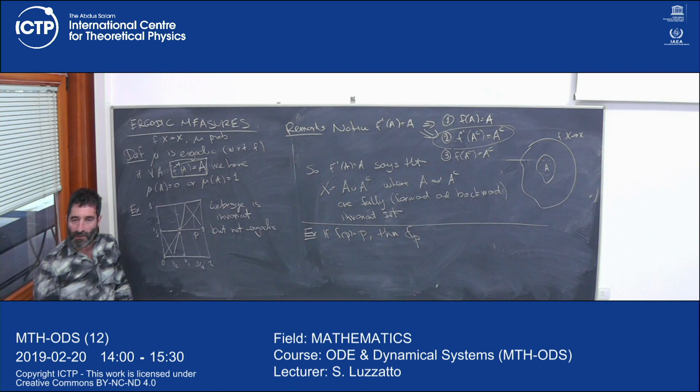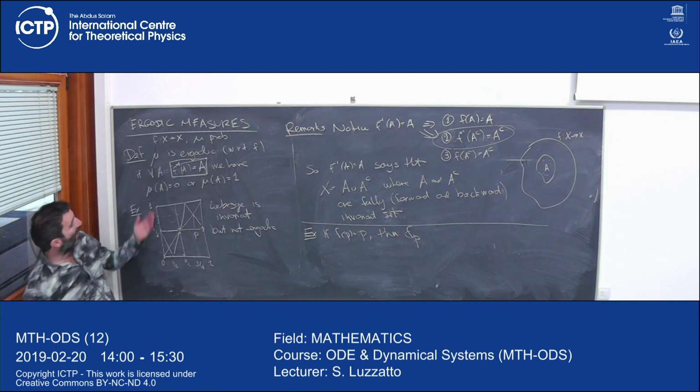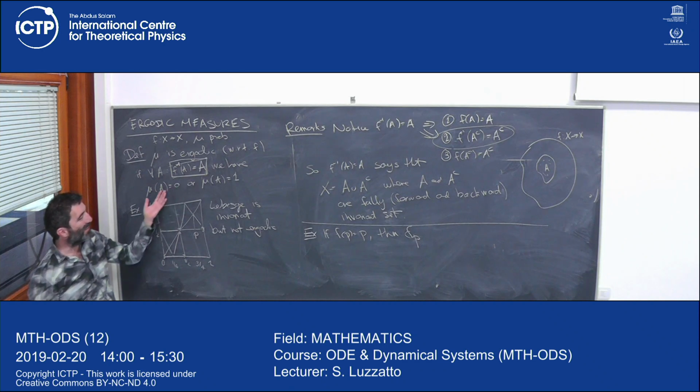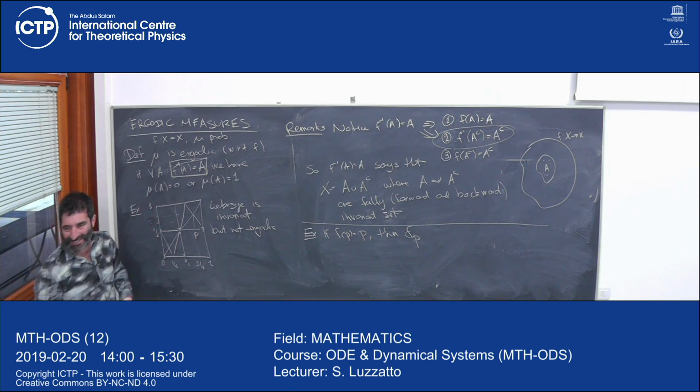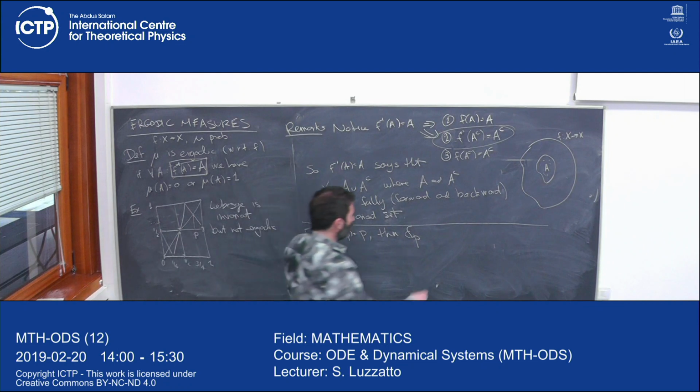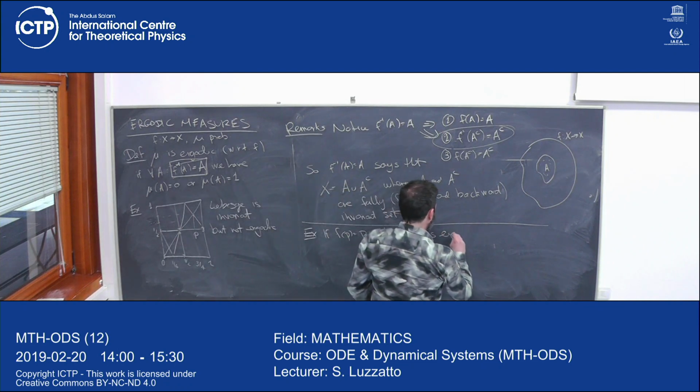It's ergodic. In this case, it's ergodic in a trivial sense because, again, every set has measure 0 or 1 in this case, right? But in particular, delta p is ergodic.